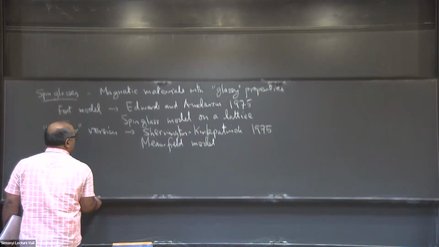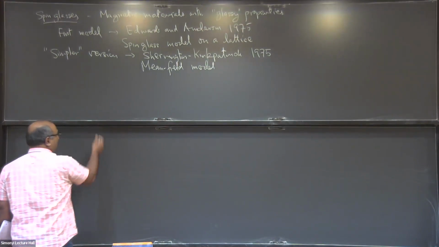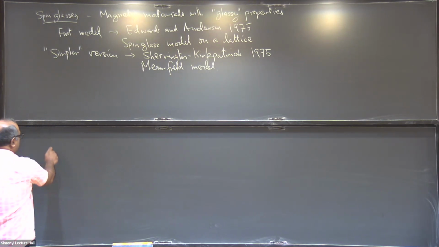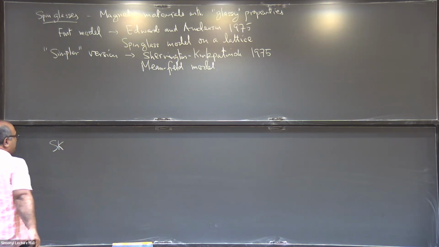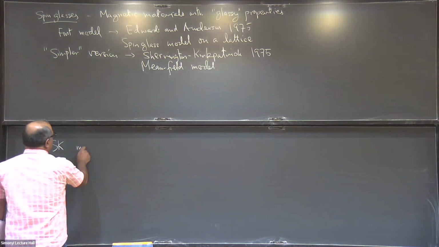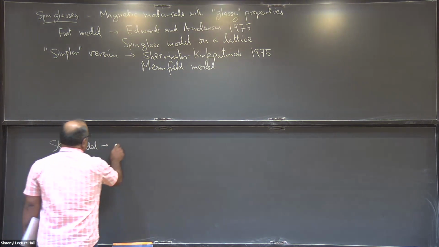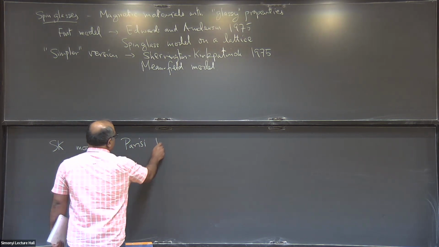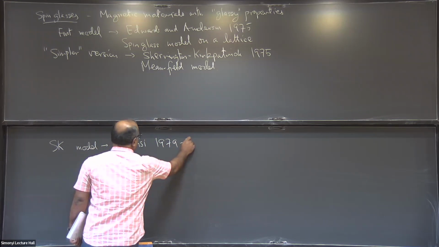In the case of spin glasses, this didn't really simplify a lot. So this SK model, as it is called, led to this very rich branch of physics and mathematics, the analysis of the SK model. This was by Giorgio Parisi, 1979-80.